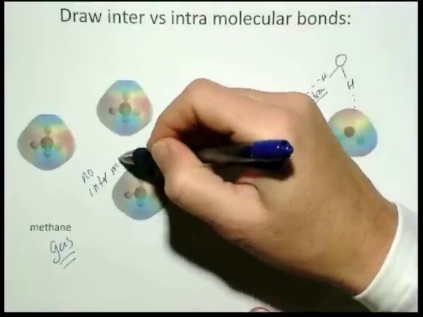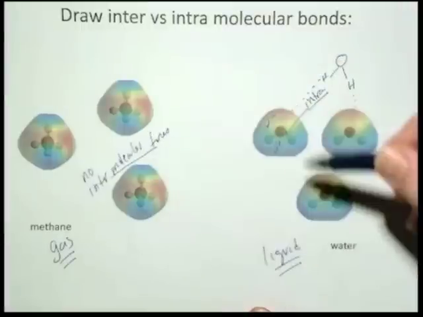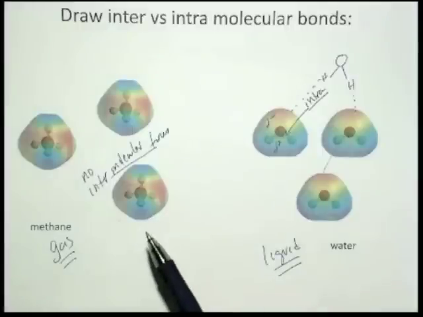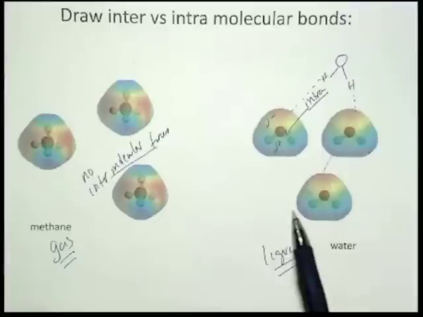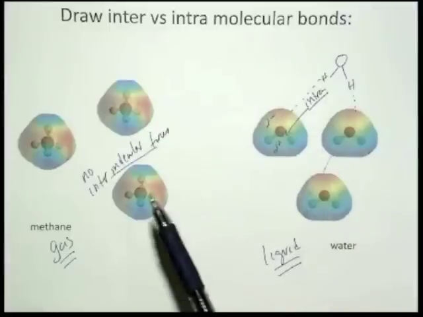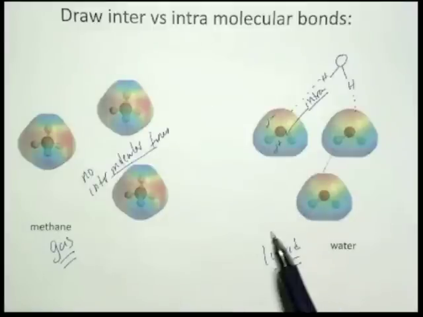So intermolecular forces exist only in the condensed phases of material. We know that we can liquefy and force methane to become condensed. We know water, we can make it into a gas if we heat it up. So we want to try to understand how does all of this work to be in a gas phase or a liquid phase.